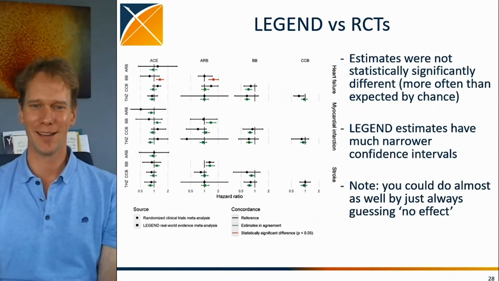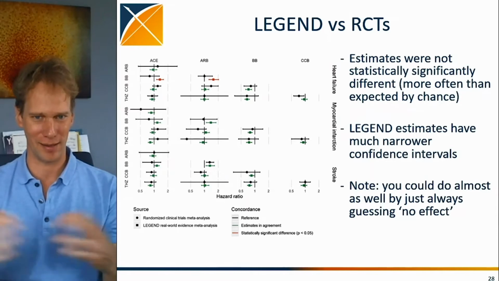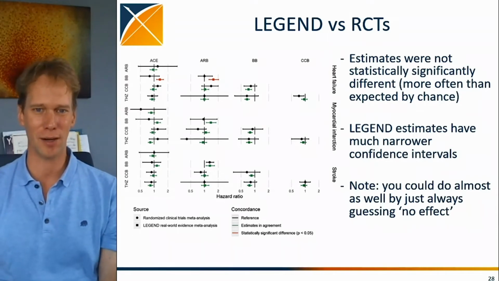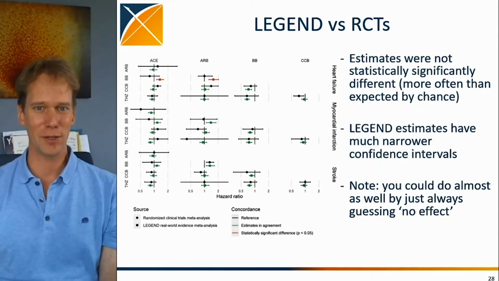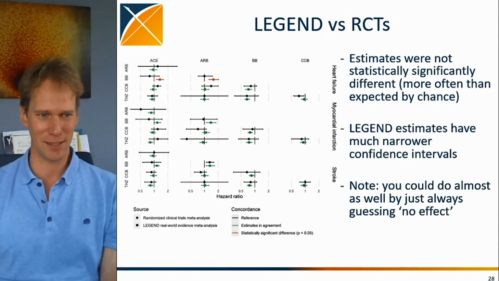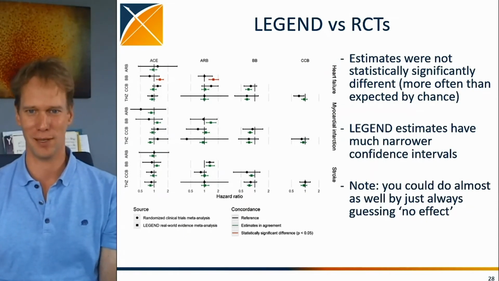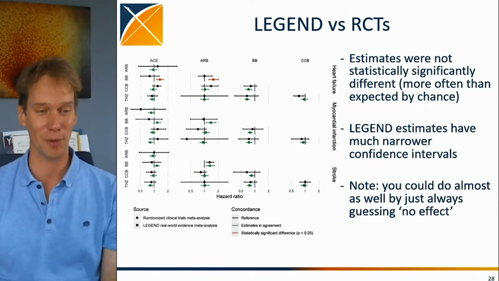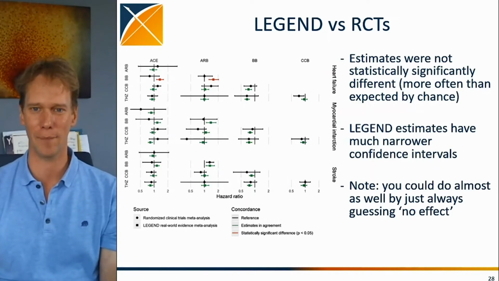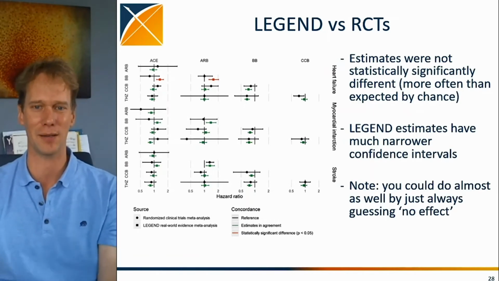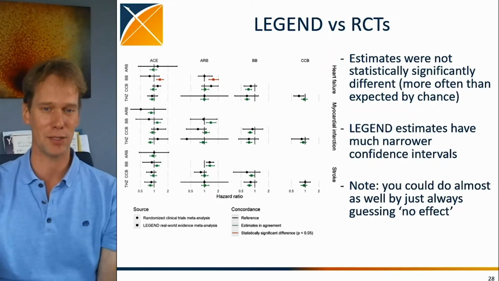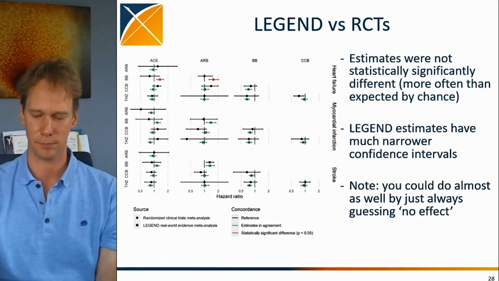The RCTs, even though these are large trials and many trials, actually have pretty wide confidence intervals. And so you could do pretty much as well as LEGEND if you just always guessed that there is no effect. So yes, these results are promising, but it's also not entirely convincing, just because our gold standard actually still has quite a bit of uncertainty in it.